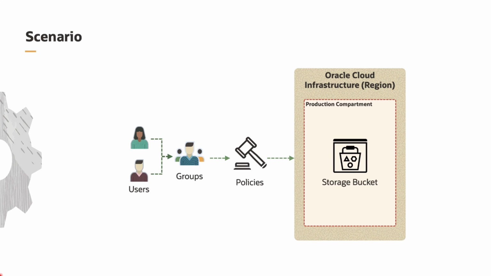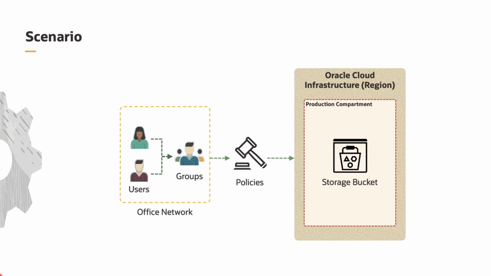Now suppose we want to add a condition that allows the user to create buckets only from his office location. This condition will help to prevent unauthorized bucket creation from external locations and ensure that all bucket related activities are performed from a secure or trusted environment.